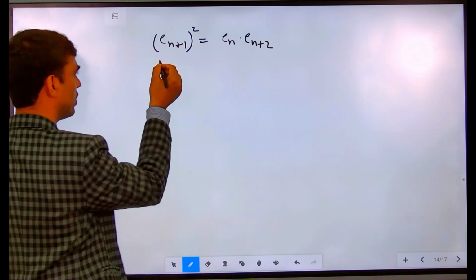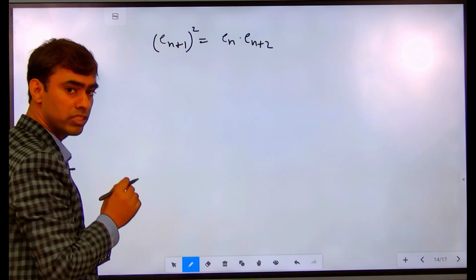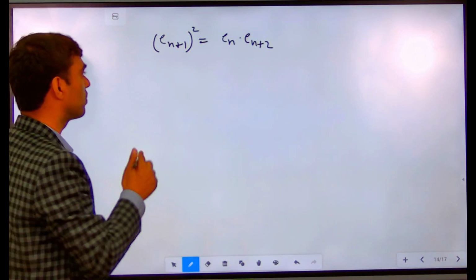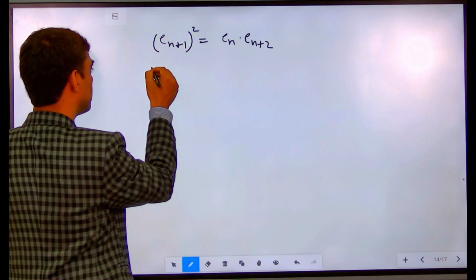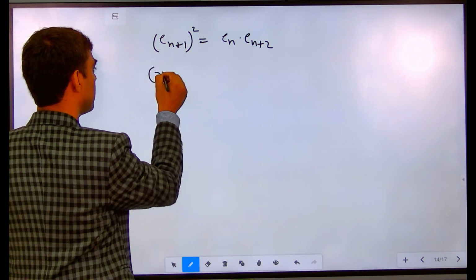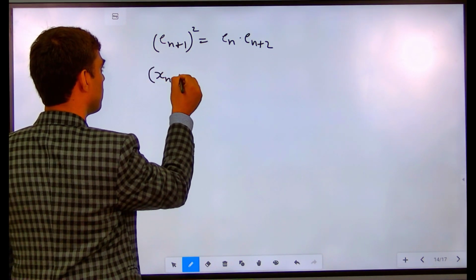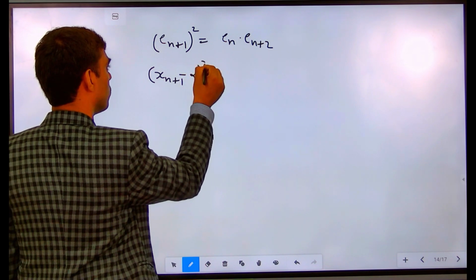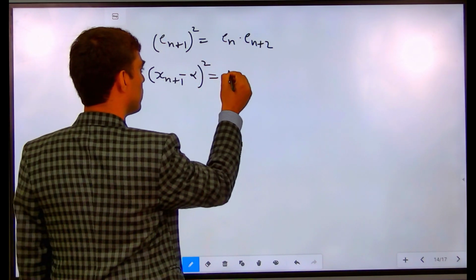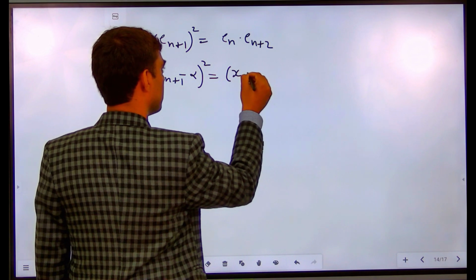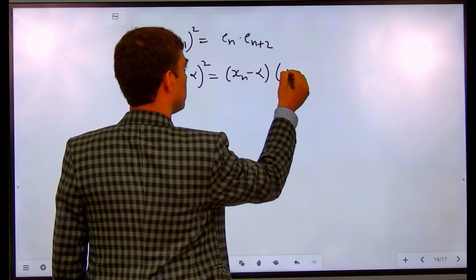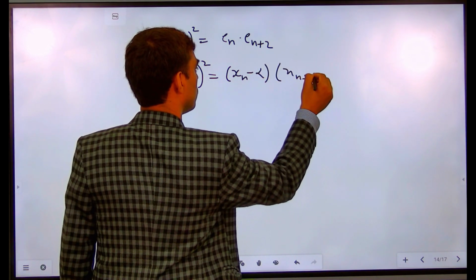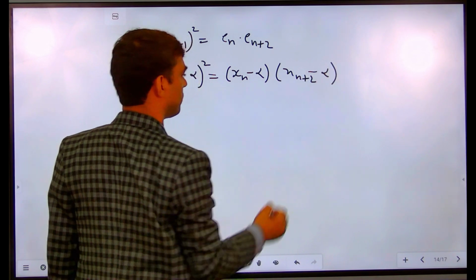Now, putting the value of En plus 1, which is the error after n plus 1th iteration, this becomes (xn plus 1 minus alpha) whole square, and this one equals (xn minus alpha) into (xn plus 2 minus alpha).